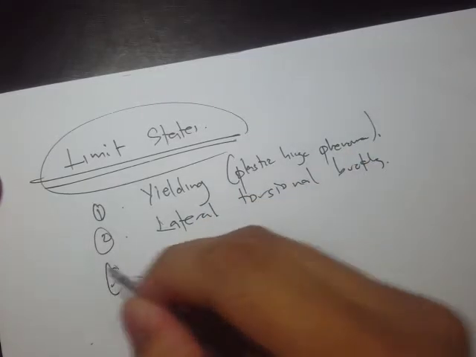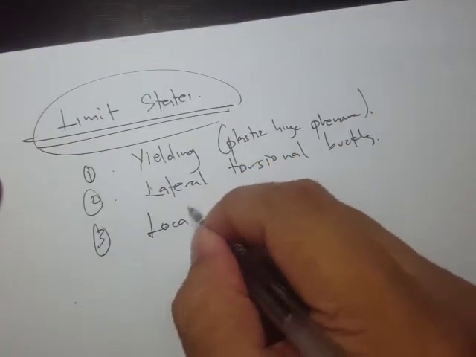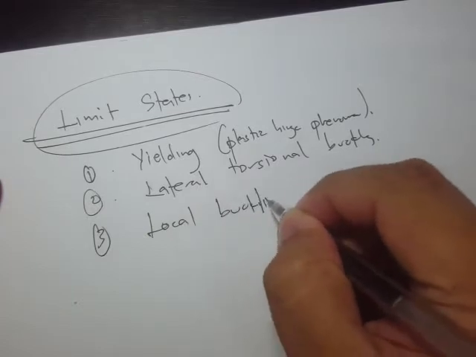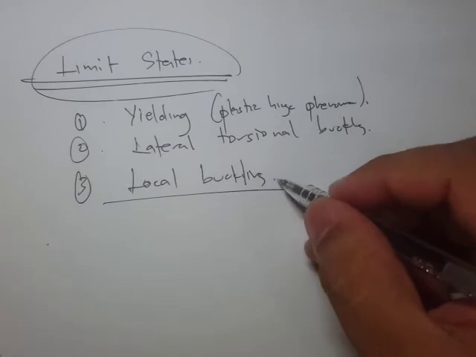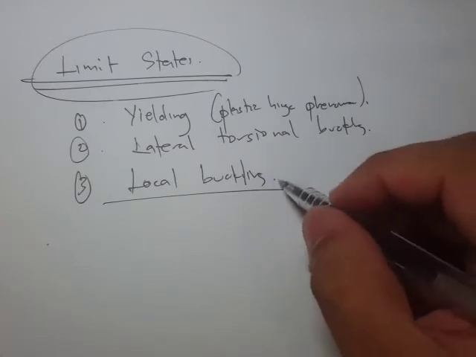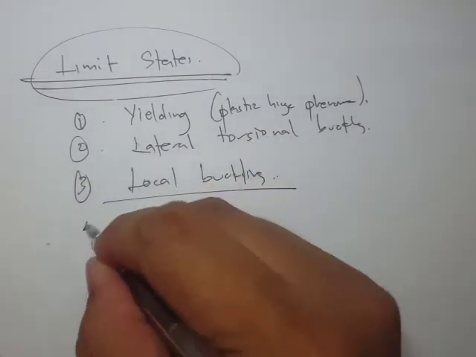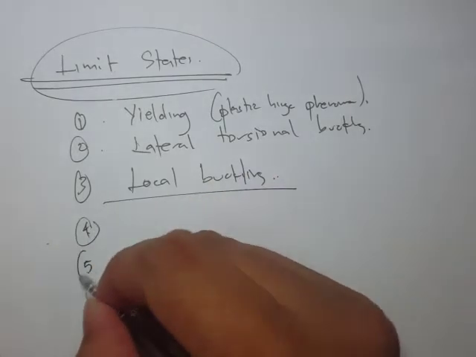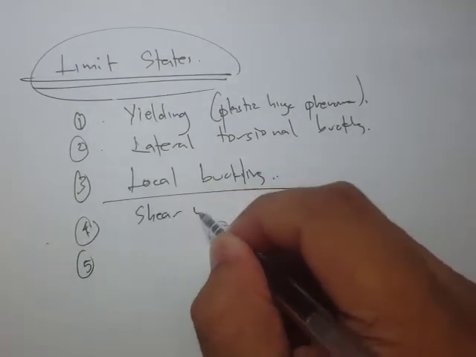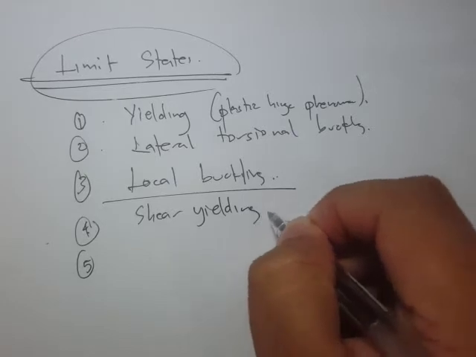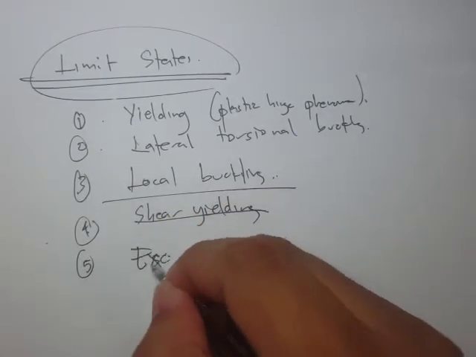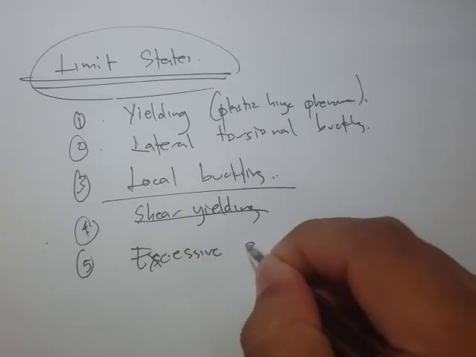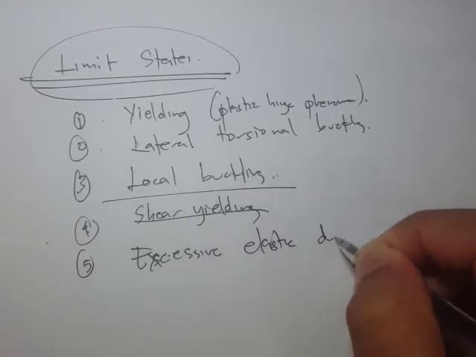And number three, it can also fail by local buckling. And this is this limiting width to thickness ratio. And number four, it can also fail by shear yielding. We haven't discussed this yet. This one, the last one, would be excessive elastic deflection.